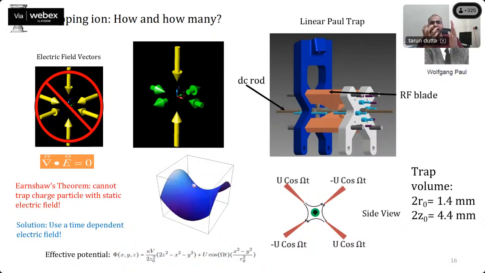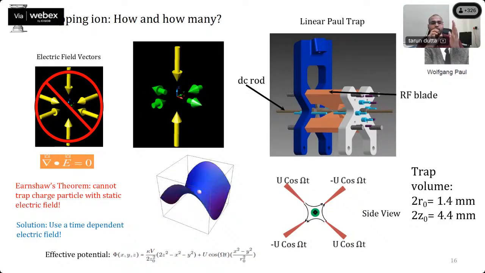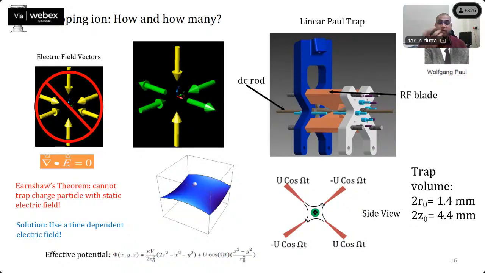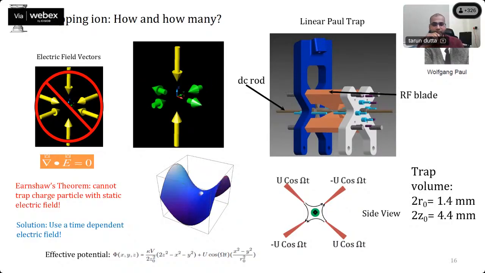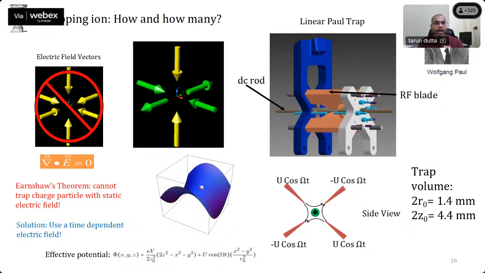But since the potential itself is oscillating, it is switching back and forth, so the ion is unable to get away from the trap. That is how we trap the ion.